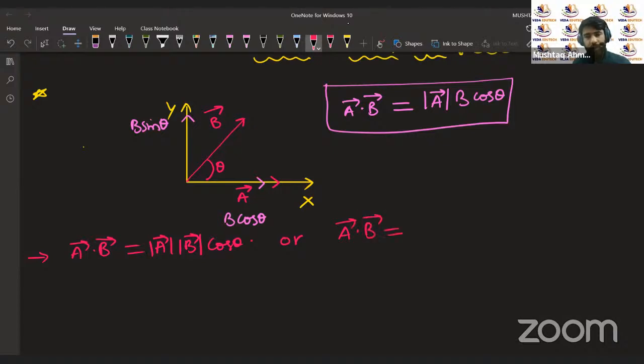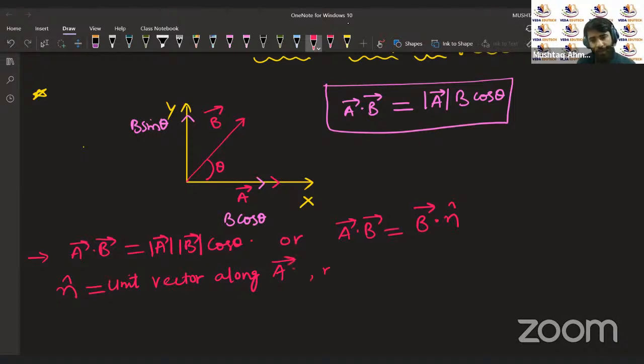We can also write it as B vector dot n cap, where n cap is a unit vector along A vector.